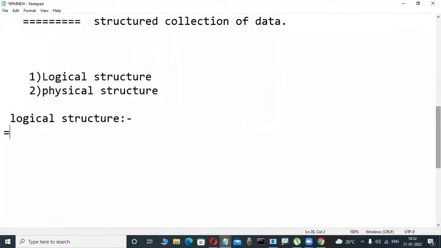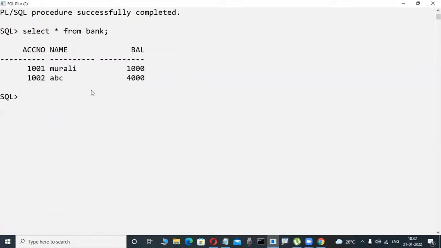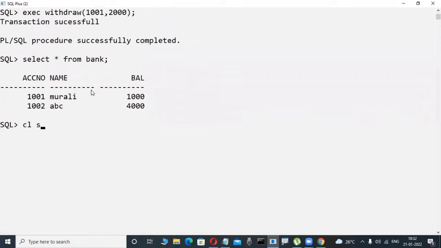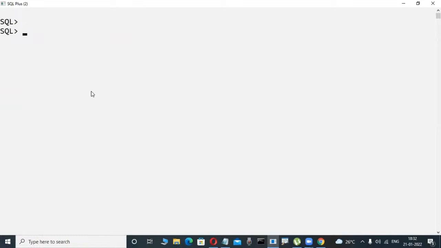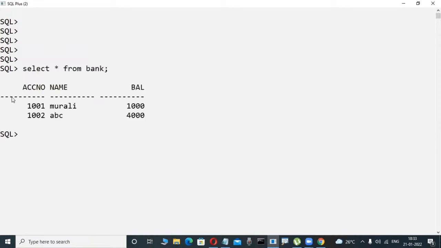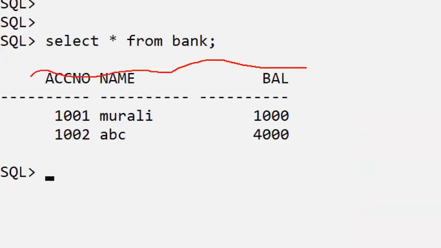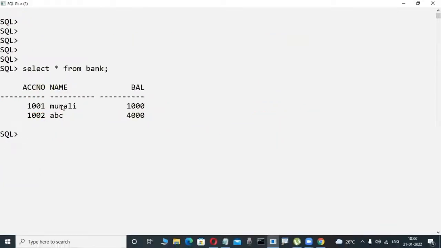Suppose today I am installing Oracle, for example. In this Oracle software I try to create a table. Maybe bank is a table, as in the previous case. How am I creating this table? Some syntax is there, SQL language is there.